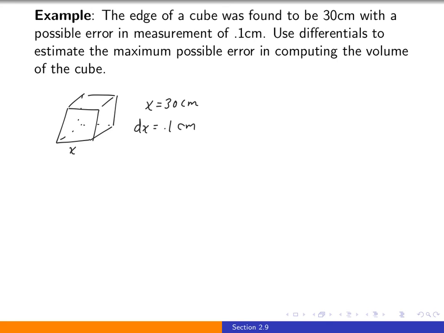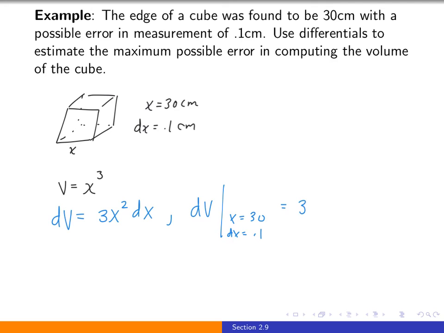And what we would like to know is how much would that possibly change the volume of the cube. So the volume of the cube is going to be x cubed, and we want to think, how does this small change in the x value affect the volume? So what would be the approximate change? Well, the approximate change would be given by the differential, dV, which would be 3x squared dx. And we want to know the value of dV when x is 30 and dx is 0.1.